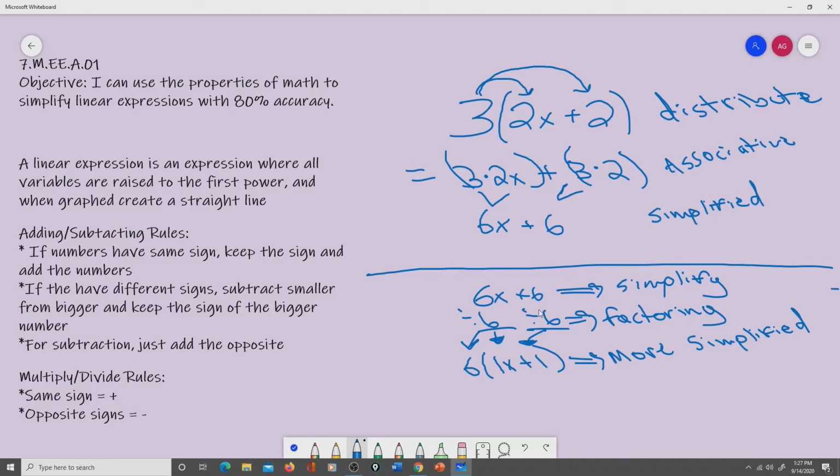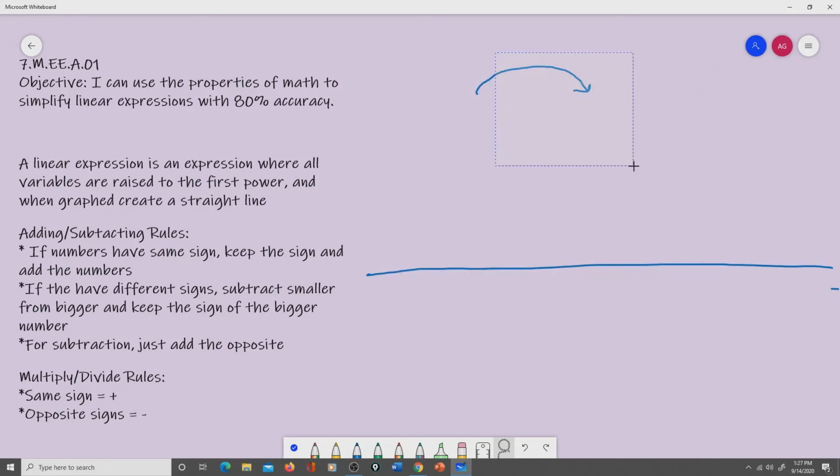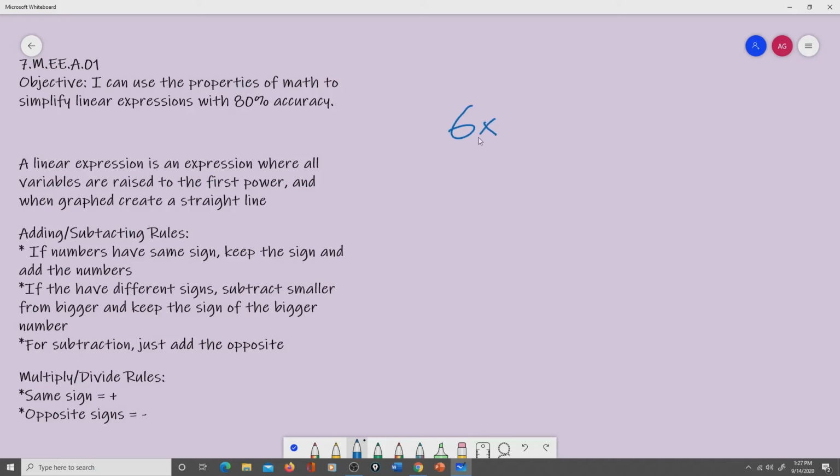Let's look at another one of these that's in this kind of reverse order. So let's say we were left with something like 6x plus 3. Again, this seems like it's in simplest form because I can't combine these terms.